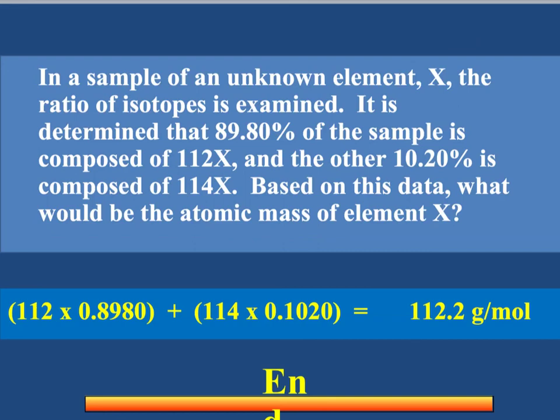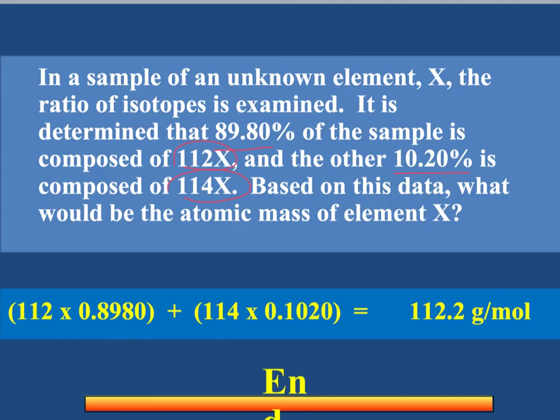All right, here's another one. In a sample of an unknown element, X, the ratio of isotopes is examined. It is determined that 89.80% of the sample is composed of 112X, and the other 10.20% is composed of 114X. Based on this data, what would be the atomic mass of element X?